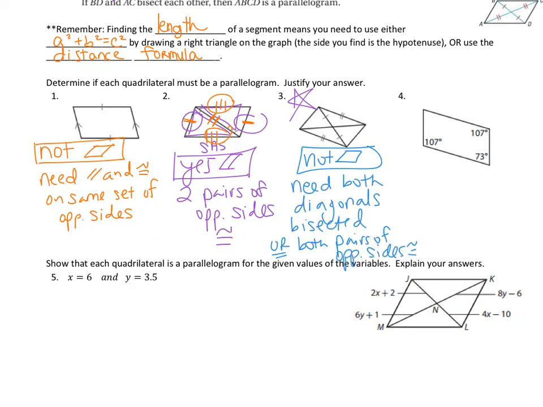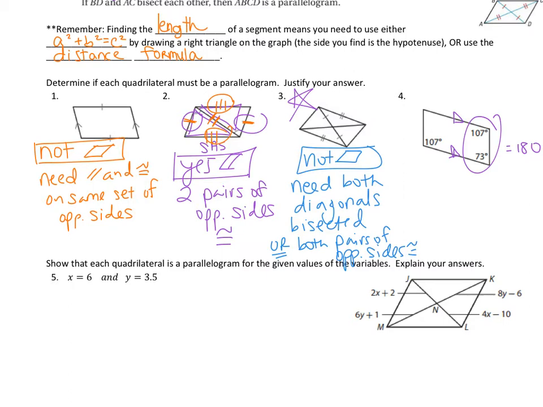Number 4, we have some different angle measures, and if you notice, the side-by-side angles are supplementary to each other, so they equal 180 degrees. That tells you that these two sides are going to be parallel to each other.